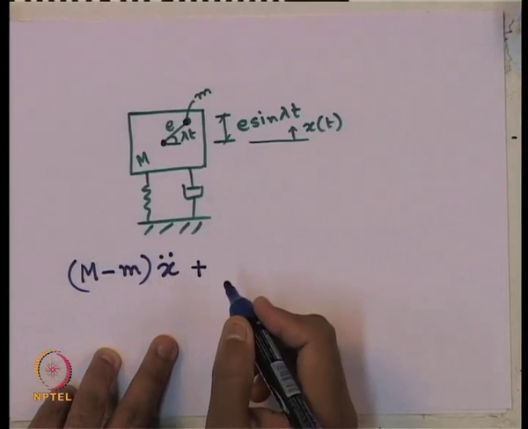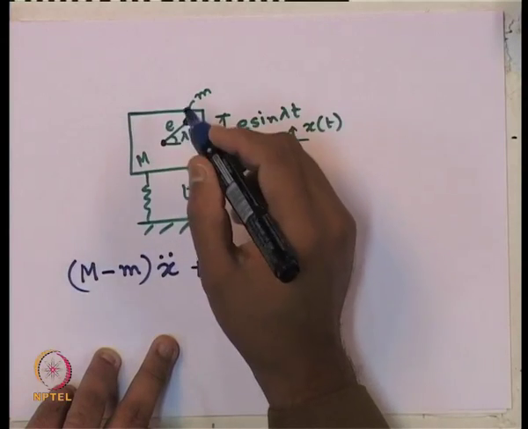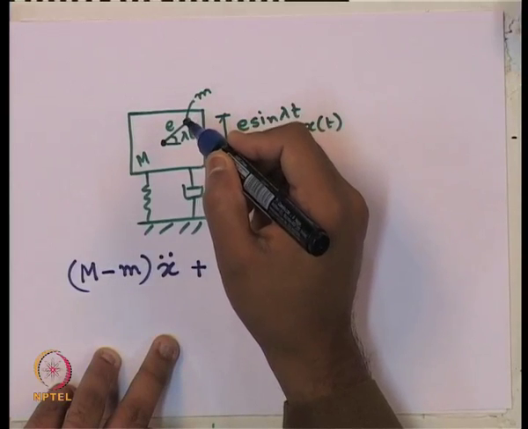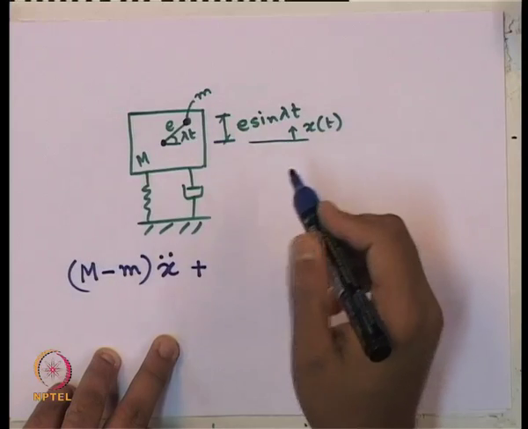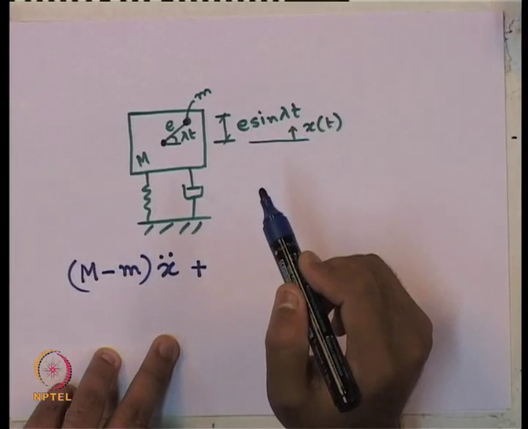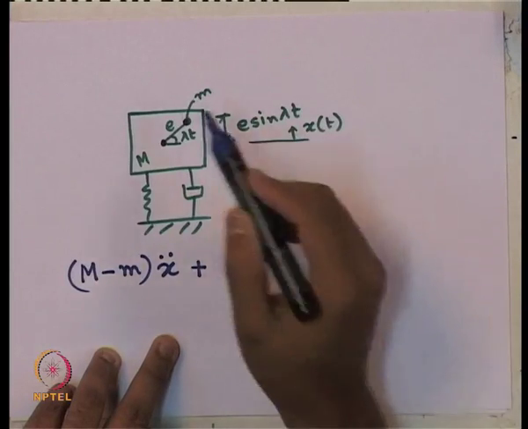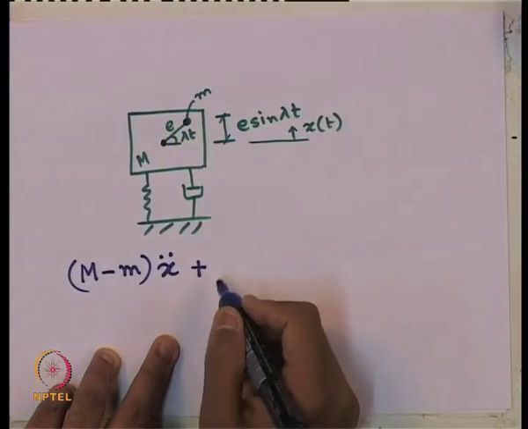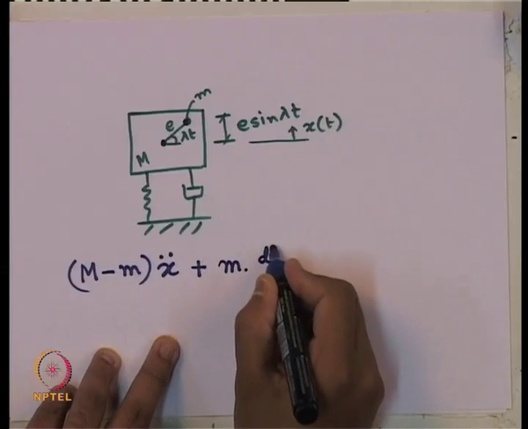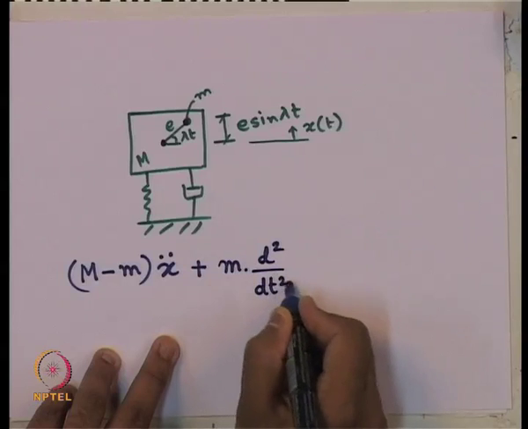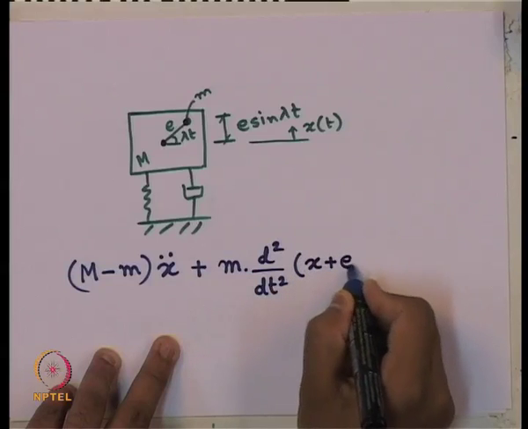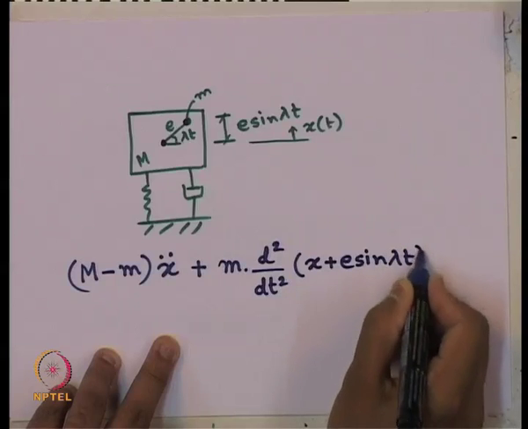plus this eccentric mass is also rotating. So, it is also subjected to an acceleration. Now, this eccentric mass is subjected to how much displacement? Not x of t, but x of t plus E sin lambda t. So, the acceleration this eccentric mass is subjected to will be, so the inertia force, if I want to write, small m times d2 by dt square of the displacement, which is x plus E sin of lambda t.